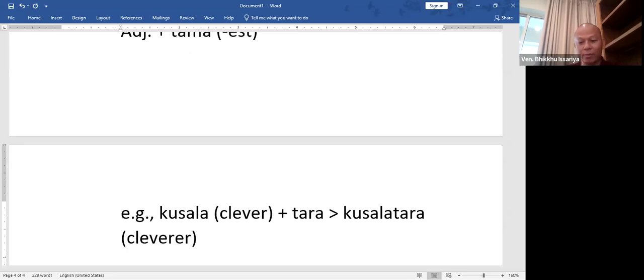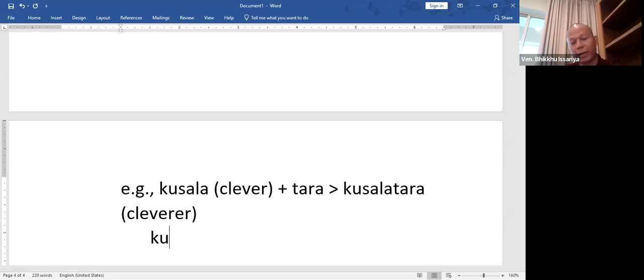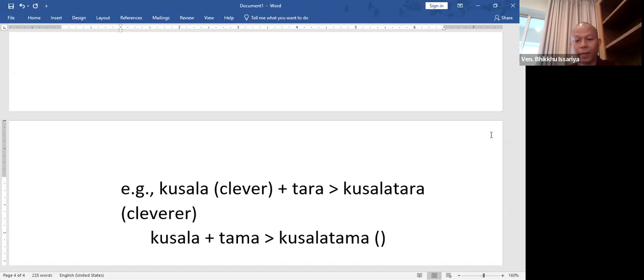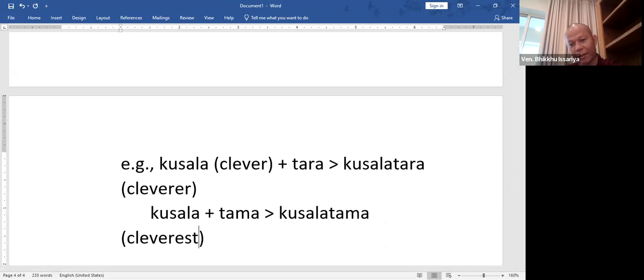Another example. So kusala and the dhamma. So kusala dhamma means cleverest. Okay, right.